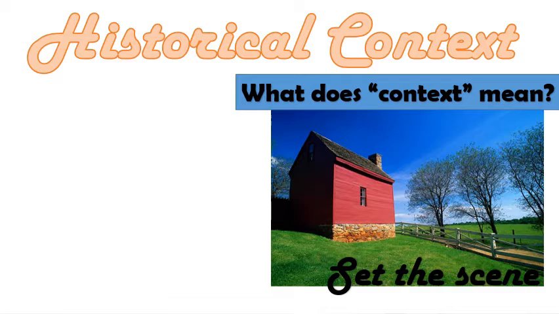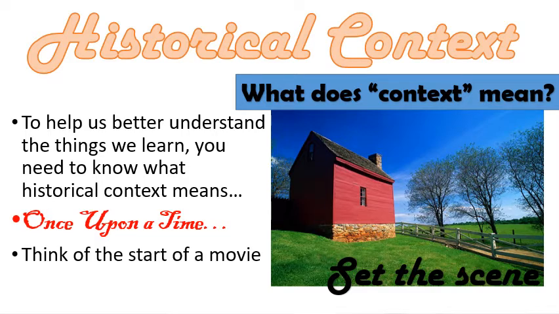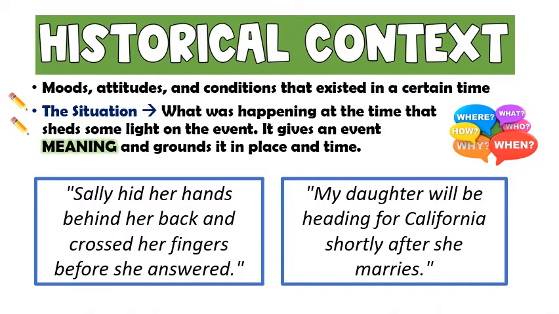When you're thinking about an event like the Salem witch trials or the Civil War or the Battle of Waterloo or the bombing of Pearl Harbor, what is the bigger picture, setting the scene, as it were? To help us understand the things we learn, you need to know what historical context means. Think about the start of a movie or a movie trailer.